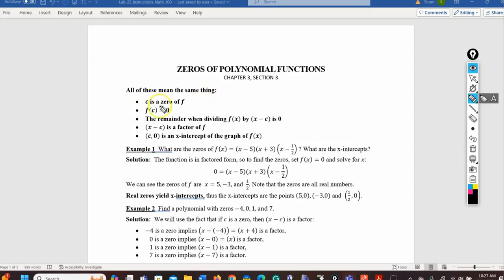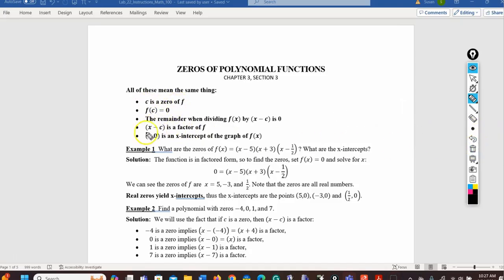So if the number c is a zero of f, that means when you evaluate f of c, it equals the number 0. If you use synthetic division and you look at the remainder when finding f of x divided by x minus c, so if c is in the box and the remainder is 0, then we say that c is a zero. We've also done that in a previous lab.